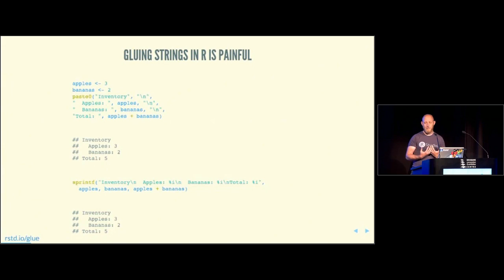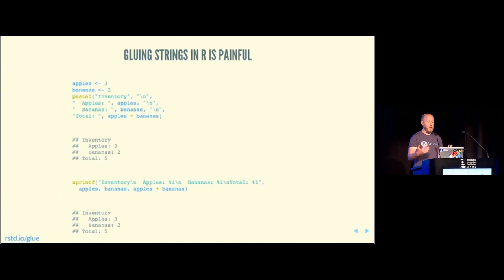I have always found in R that gluing strings and putting values into string data is actually fairly painful. The two common ways to do this in base R are with the paste0 function, which has the main drawback that every time you put a value in, you have to use quotes, then put your variable, and then put more quotes and the rest of the string.